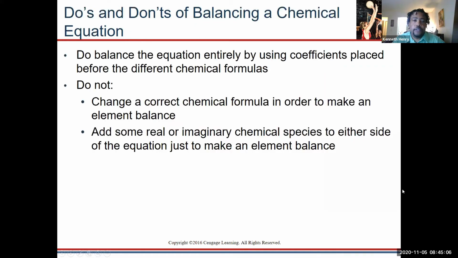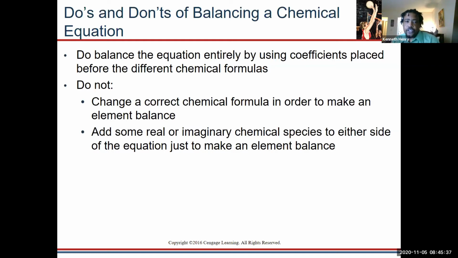Do's and don'ts. Do make sure that your chemical formulas are right before you use any coefficients or anything like that. Your chemical formulas have to be accurate. If they're wrong, everything is wrong. Don't ever change your chemical formula to try to make a reaction balance.